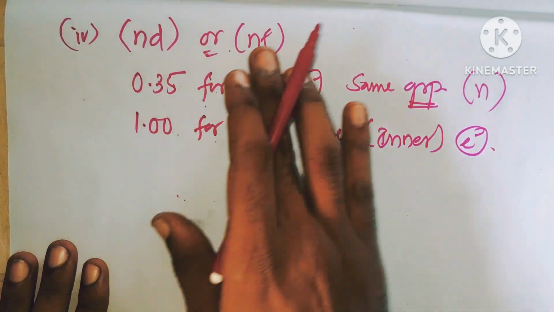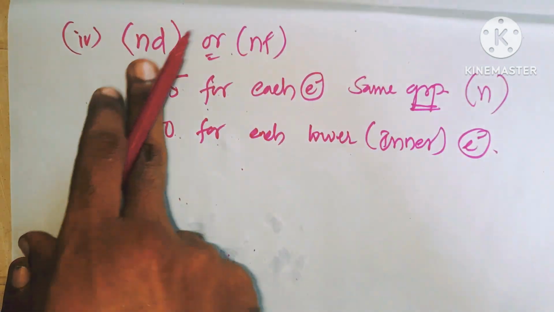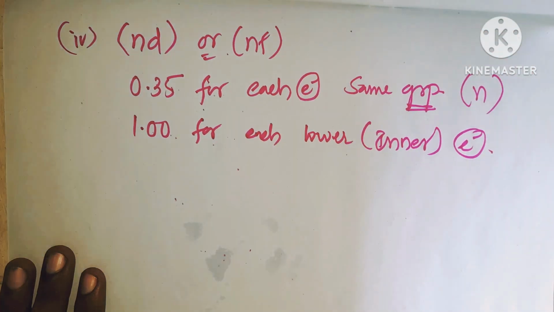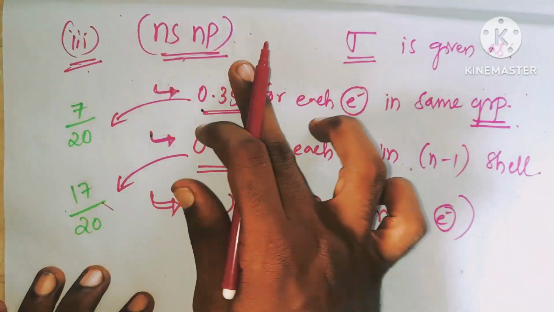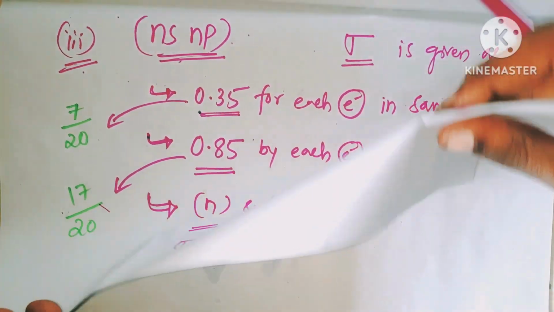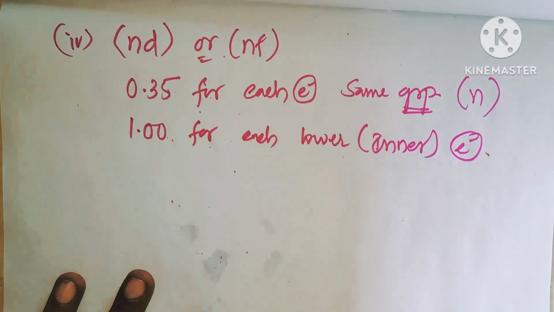Here ND and NF have two sets of sub rules, and the NS&P group has three values. Please do remember these two rules, as they are very important for the calculation.